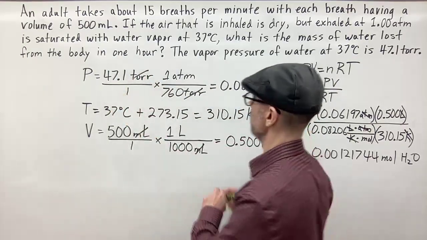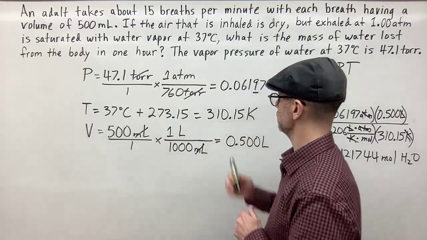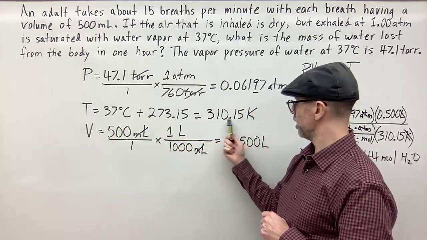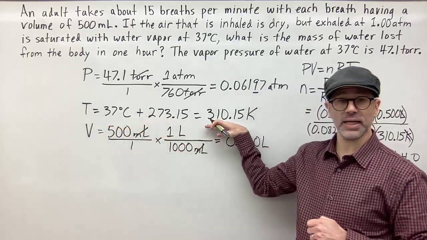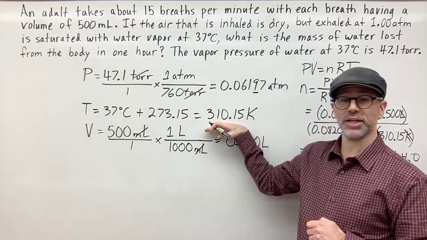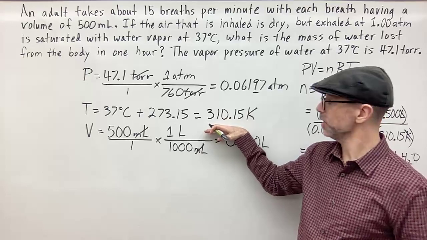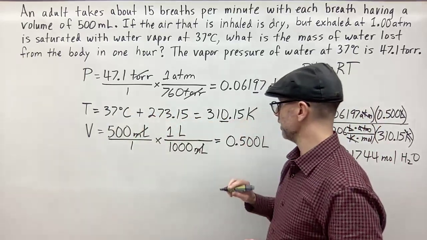The least number is going to be 3 here as well, because when you add and subtract, the answer should have the same number of decimal places as the least number. Here I have 0 decimal places, so that would be underlined there.